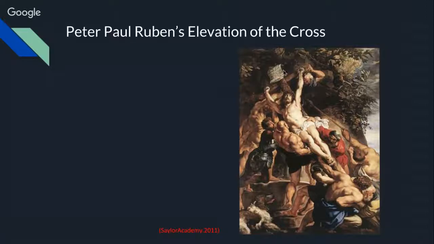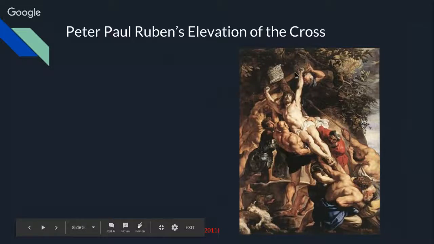And you can see this painting more so in churches and more so in the center of the church, which is called the altar. In this painting, this is a cathedral in Antwerp. And so this painting is heroic because, as you can see, all these men are pulling Jesus Christ up into the air.